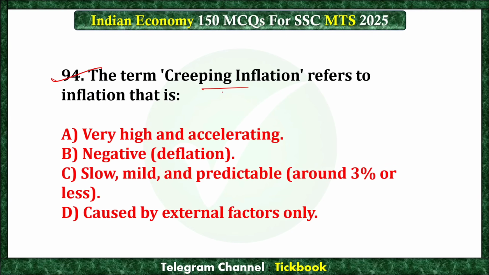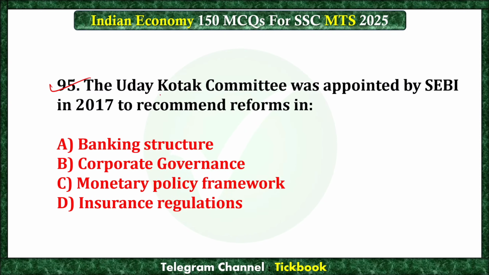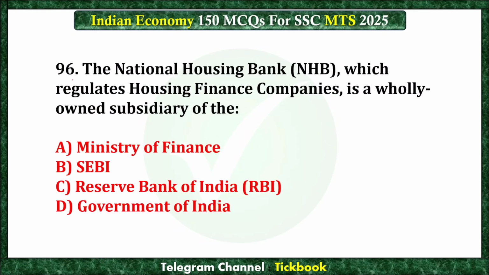94. The term creeping inflation refers to inflation that is slow, mild, and predictable, around 3% or less. 95. The Uday Kotak Committee was appointed by SEBI in 2017 to recommend reforms in option B, corporate governance. 96.